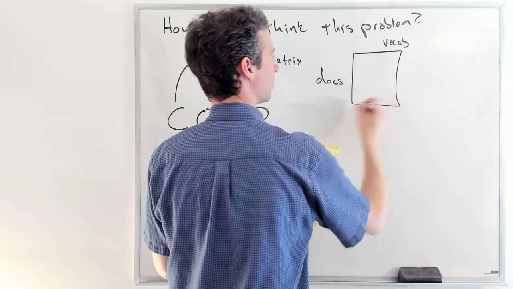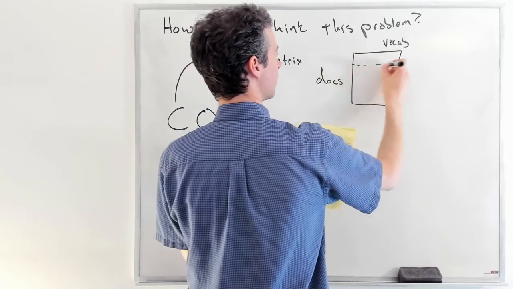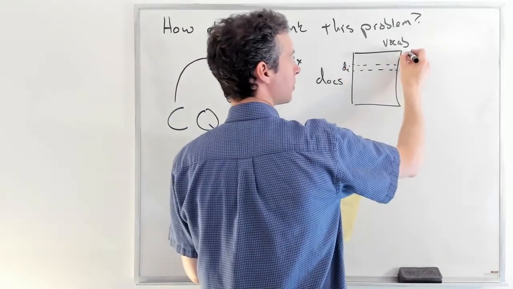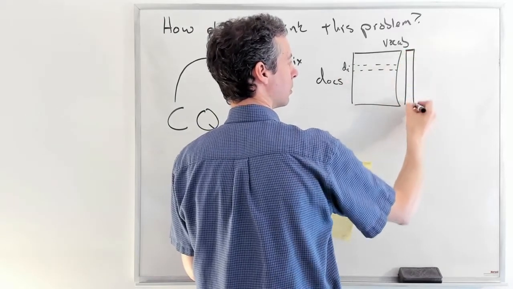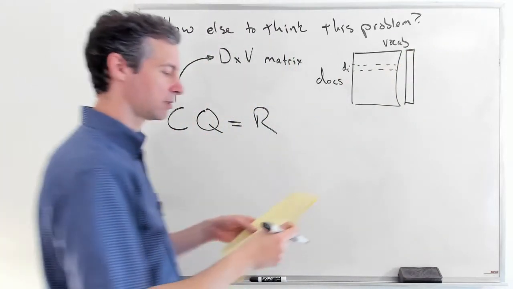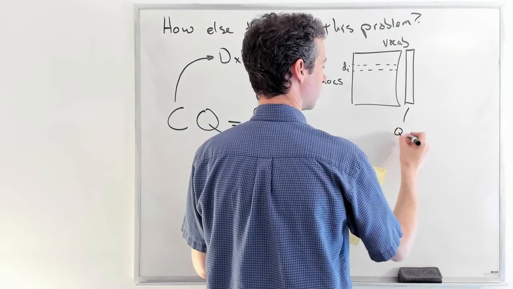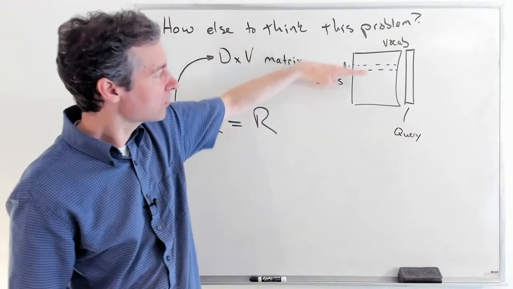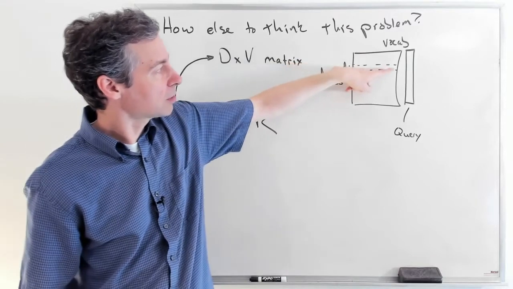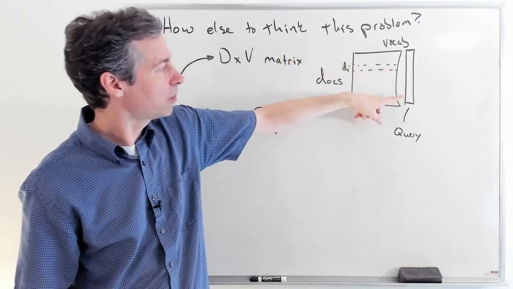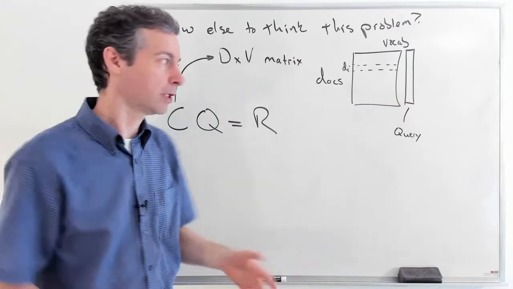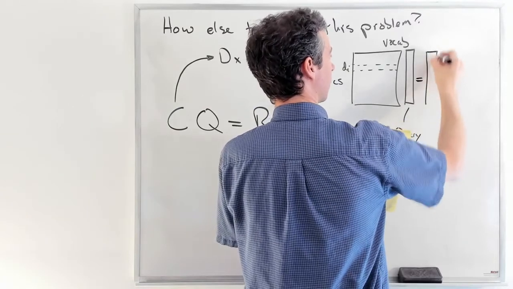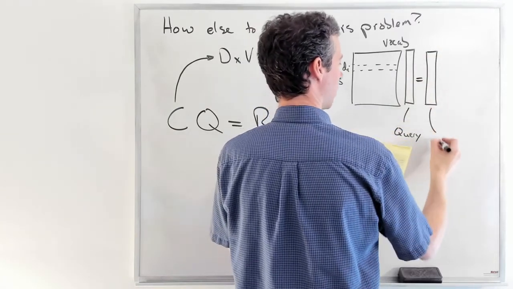We've got this matrix, and for example, an individual row of it is D sub I. And then what we're doing when we run a query against it, we've got this query here as a vector, and across each of these documents, when we multiply the document by the query, that's a dot product, right? And so the results end up being our document scores.